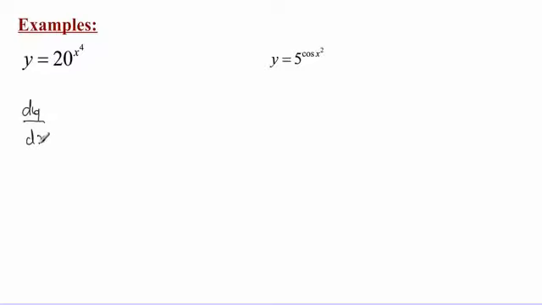is going to bounce back in its derivative as 20 to the power x to the power 4 multiplied by the derivative of the argument, in this case, which is going to be 4x to the power 3, applying the power rule, multiplied by the ln of the base, which in this case is 20.